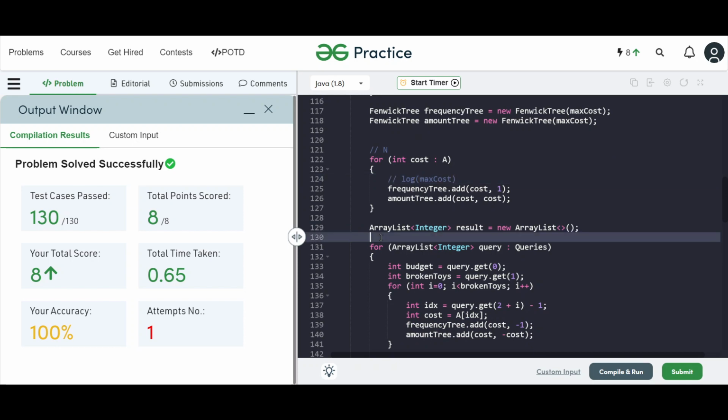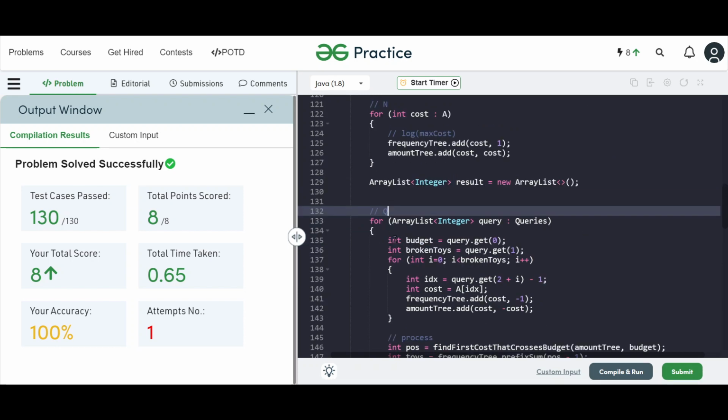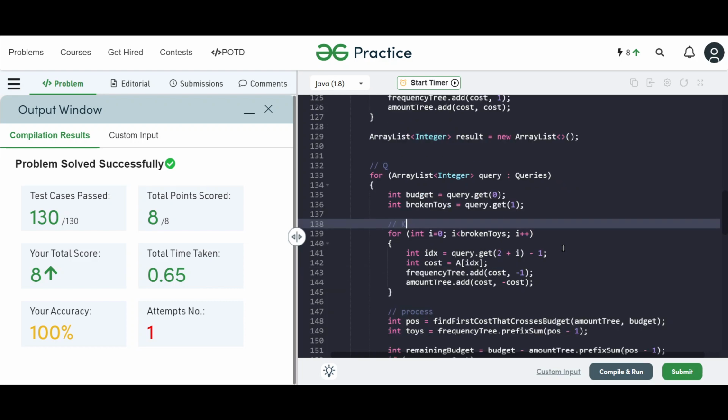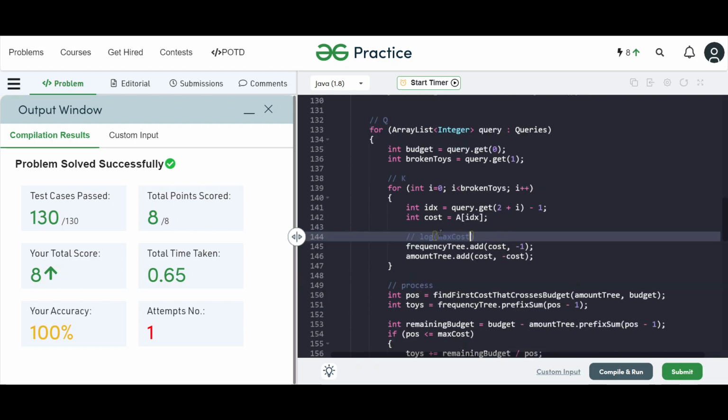We're going through each and every query, so this is Q. And we're going through each and every broken toy, which is K. For each broken toy, we are doing this operation, which runs in log of max cost time, because our tree size is max cost. I'm not caring about the constant multiple as such.